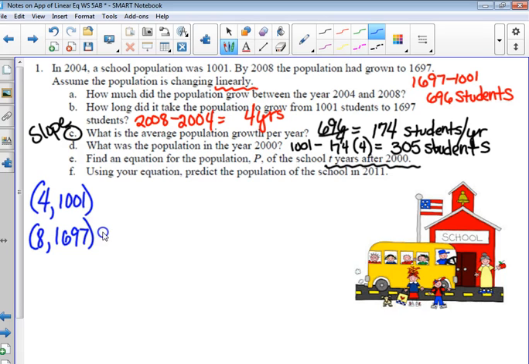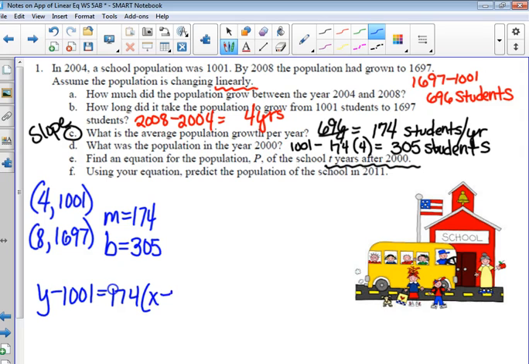Did we already find the slope? What was the slope? 174. Did we already find the y-intercept? Because that's what's happening in year 0, which is 305 students. You don't need to write this down if you don't want to, but we could have also done it like this, where we said 174 and used this. Yes, way too much work.